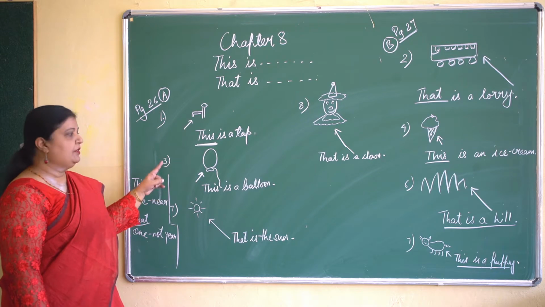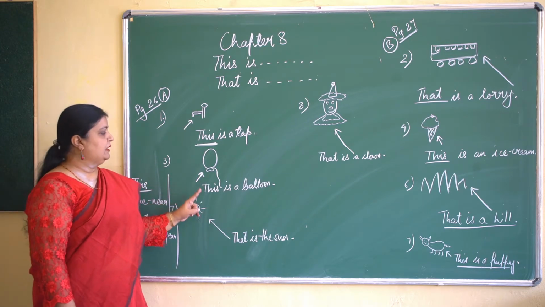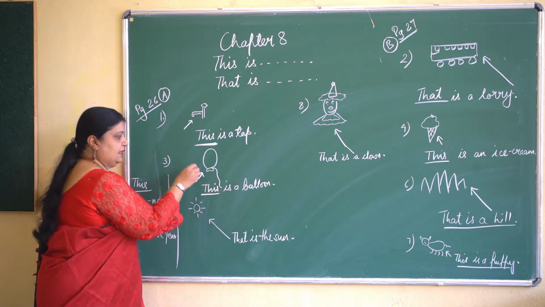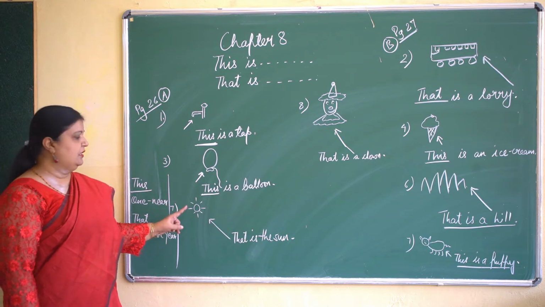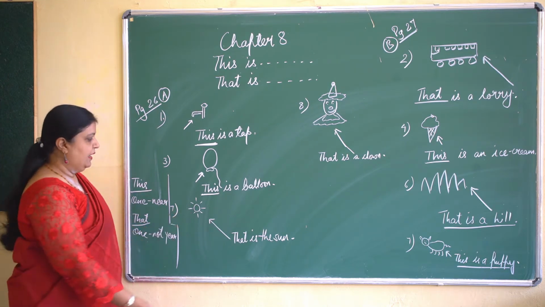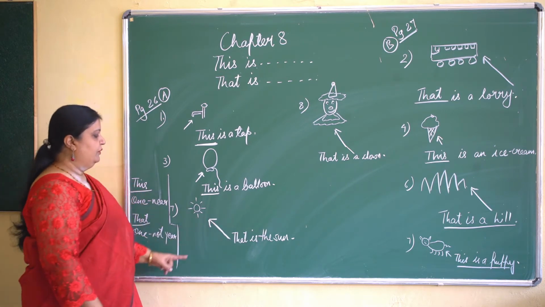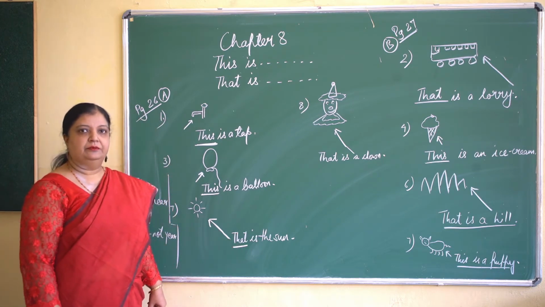The third picture is of a balloon. It's also near. This is a balloon. The seventh picture is of the sun and it's quite far off. So we will say, that is the sun.